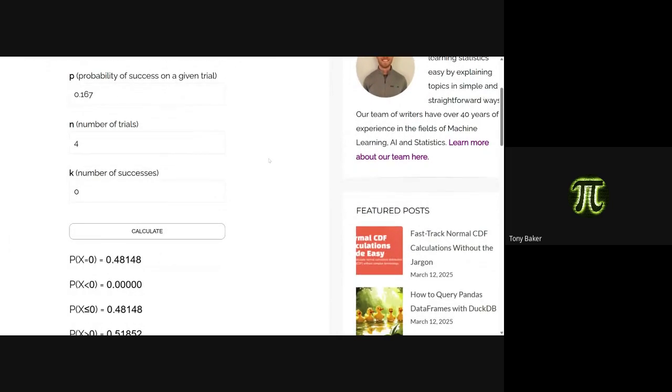So if I'm rolling a die 4 times, what that number represents is the probability that I'm going to get no sixes on any of those 4 rolls. Okay. So probably I'm going to get 0 sixes on those 4 rolls.